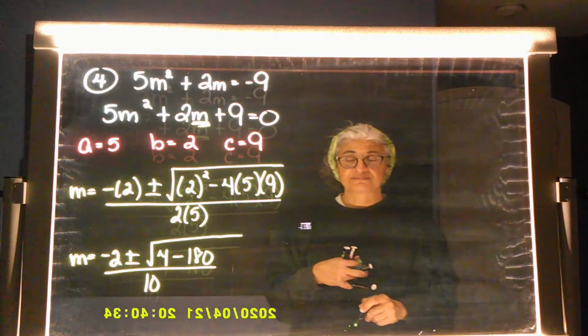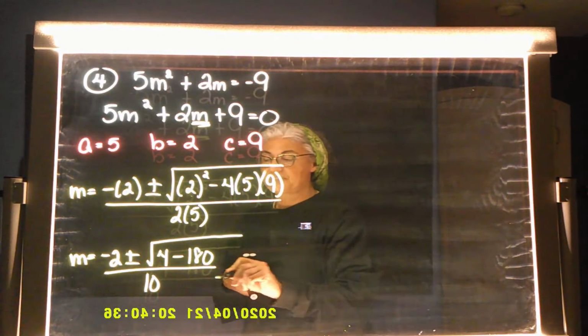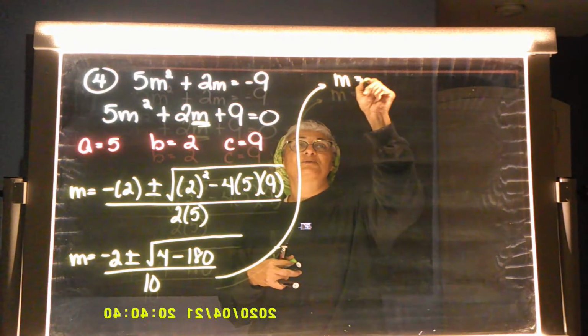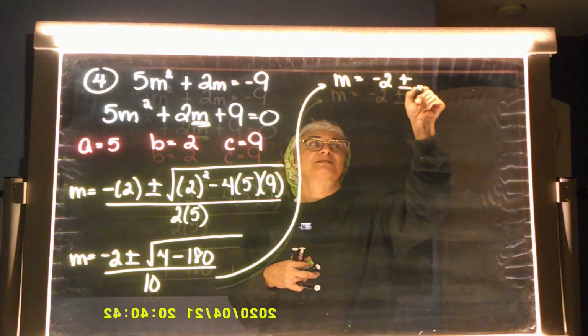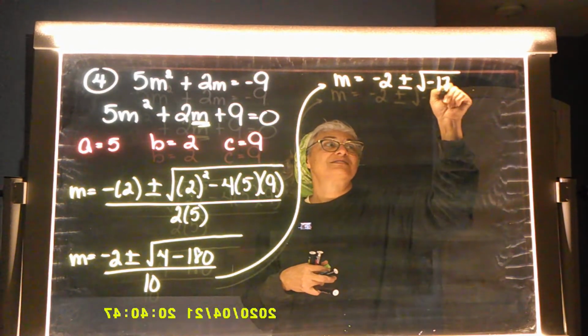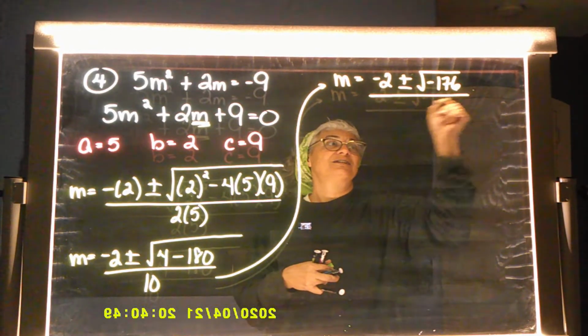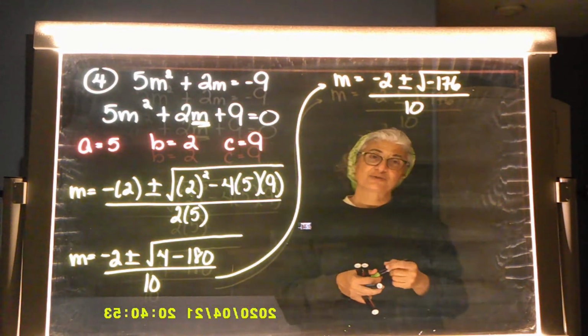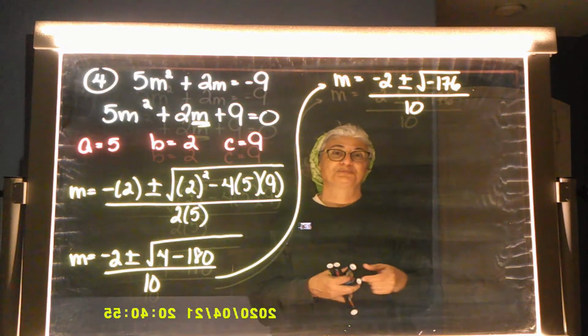So far, so good? All right. I'm going to bring it up onto this side of the board. So M equals negative 2 plus or minus the square root of, yeah, that's a negative 176 on the inside, isn't it? All over 10. Huh, you're taking the square root of a negative number, aren't you?